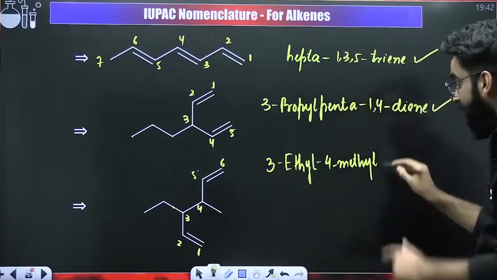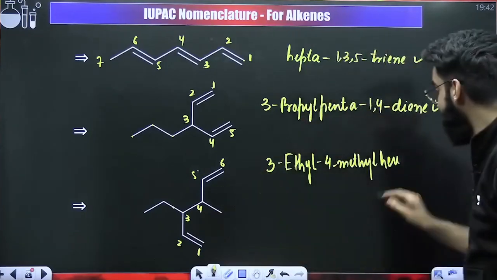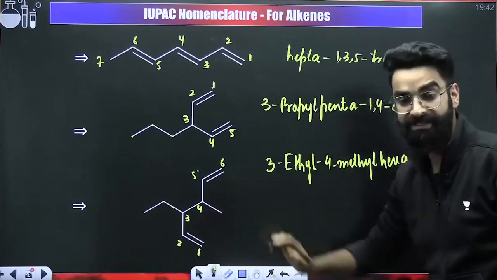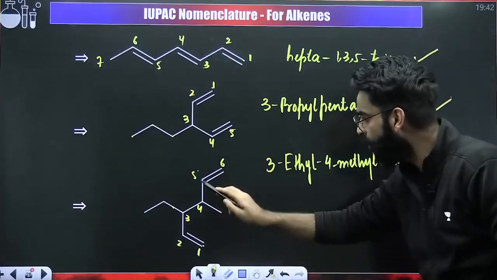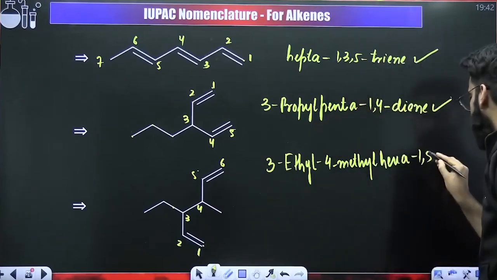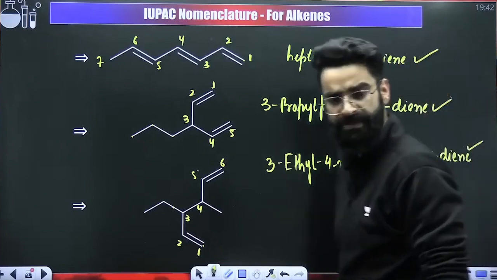In the main chain, 6 carbon atoms. So it's hex. Is it going to be hex or hexa? It is going to be hexa because 2 double bonds in the main chain. And it's going to be 1, 5, diene. Perfect. As simple as that.